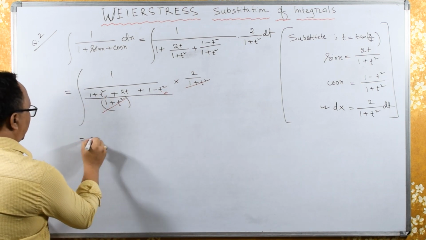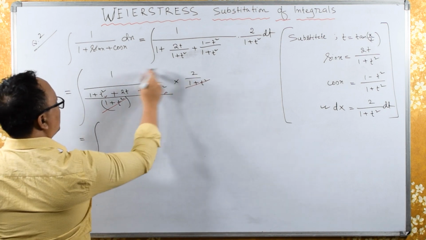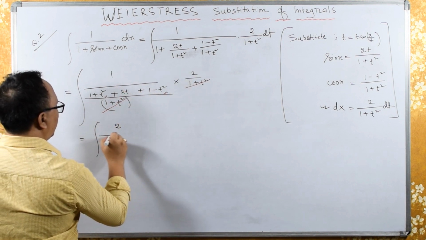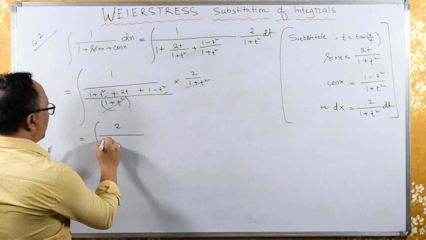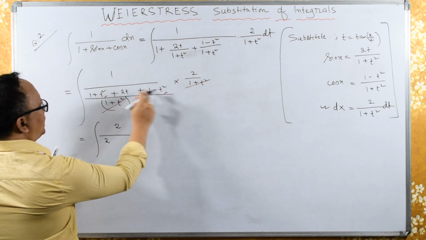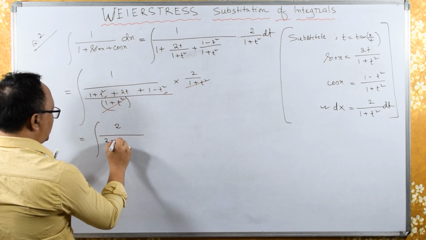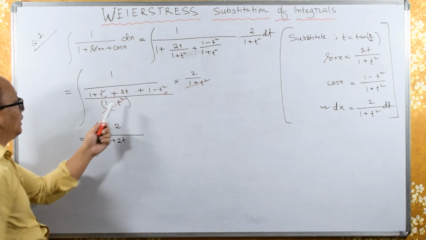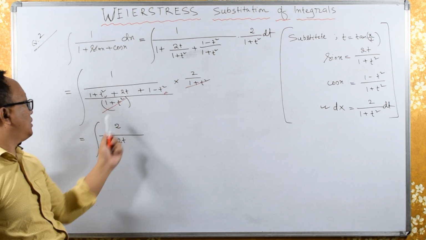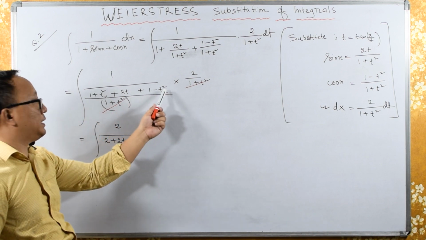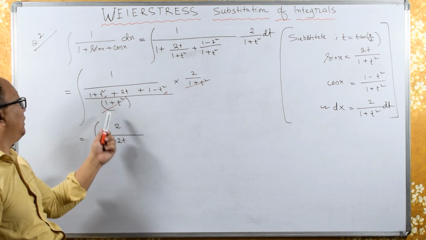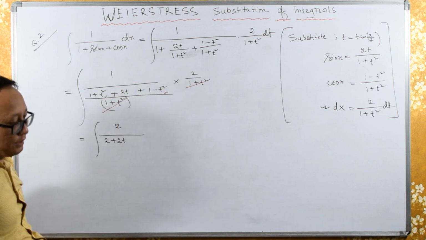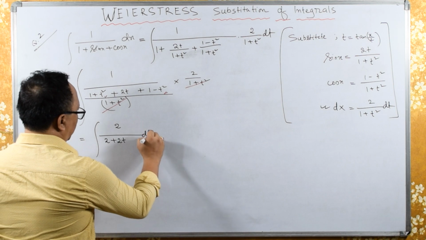So what I am having is the integral of 2 upon, 1 plus 1 is 2, t squares get cancelled, plus 2t, into dt.